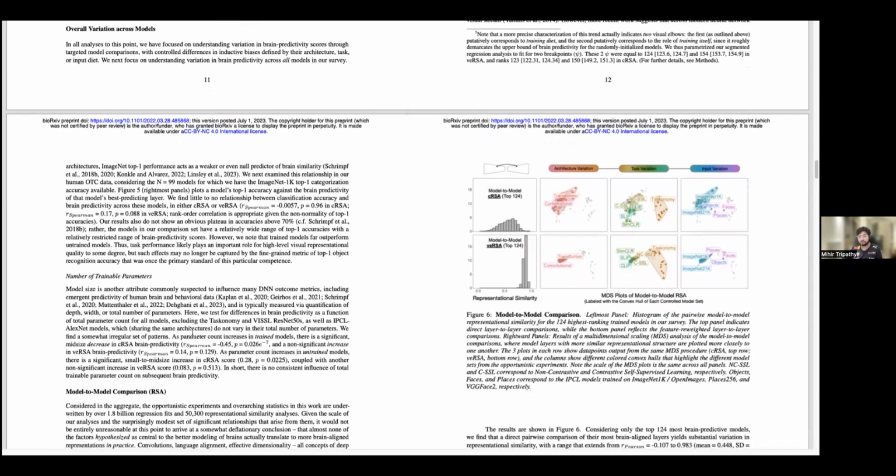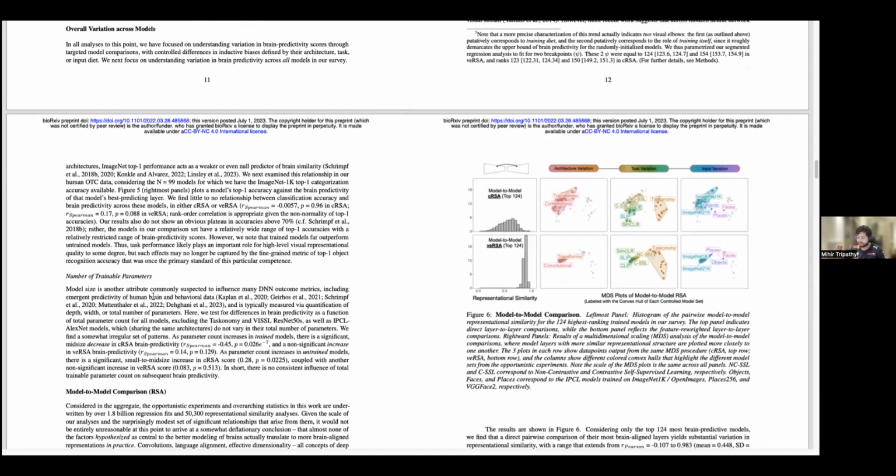They also tested out the number of images, the number of trainable parameters. So if there's a regular increase in the parameters, would that be a factor for brain predictivity? But they got various irregular sets of patterns.